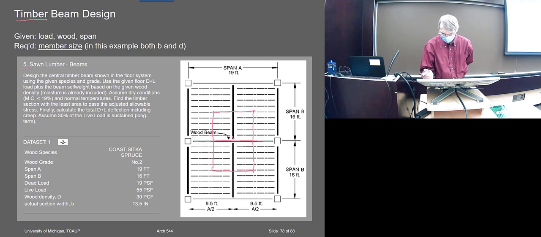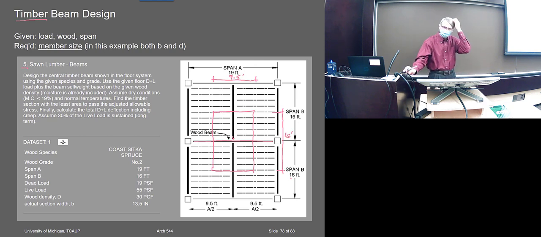If this is 19 feet, this must be 9.5 feet, half of that. 9.5 feet, is that right? 18, 19, yeah, I guess that's right. And these are 16 each, so this is a total of 16 feet from that to there.